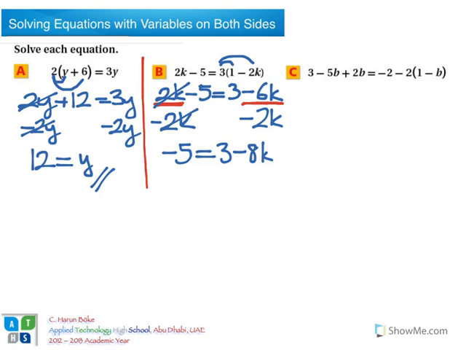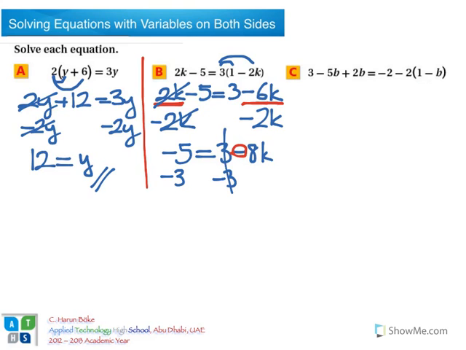Then I will cancel 3 here, minus 3 from both sides because 3 is positive. This minus sign here belongs to 8k, so I think 3 as positive, so I have to subtract. So I cancel these.